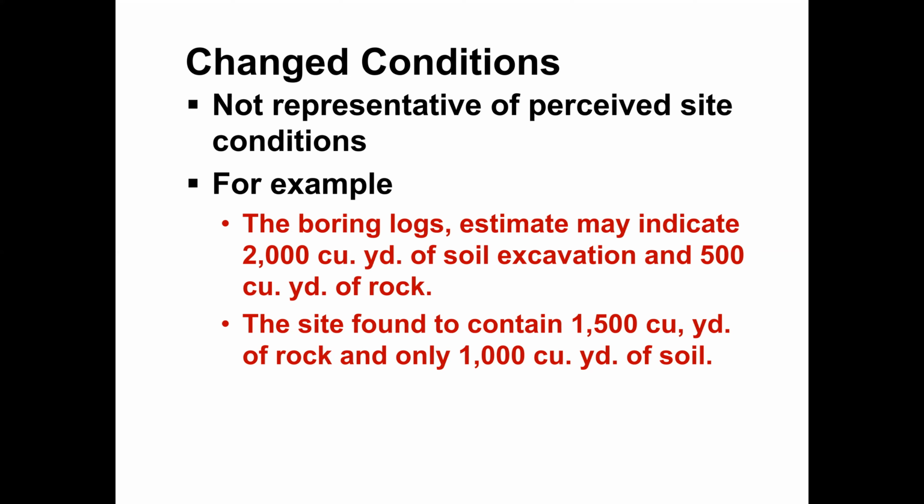So it means soil has decreased from 2000 to 1000, but rock has increased from 500 cubic yards to 1500 cubic yards. Now, the contractor has to break this rock to build the foundation, so he needs extra money, because you cannot break this at the rate of soil, he needs to put a rate for the rock.